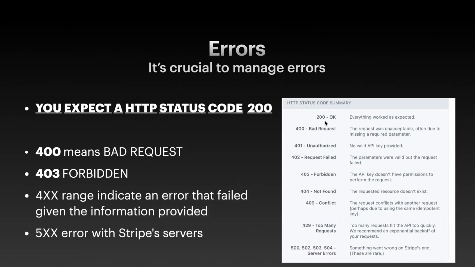So you always expect a 200 as the response to your request. If you get something in the range of the 400s, it's because you passed the wrong information, or maybe you don't have access, you're unauthorized, or you're making too many requests.